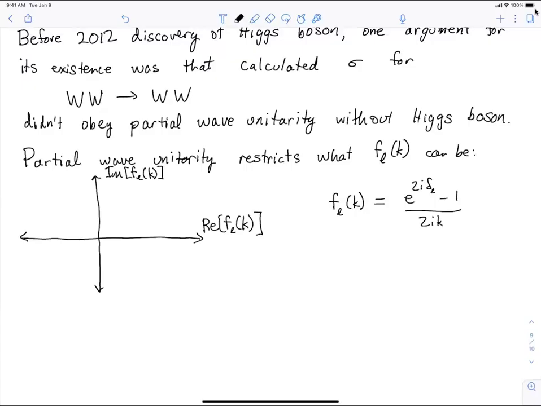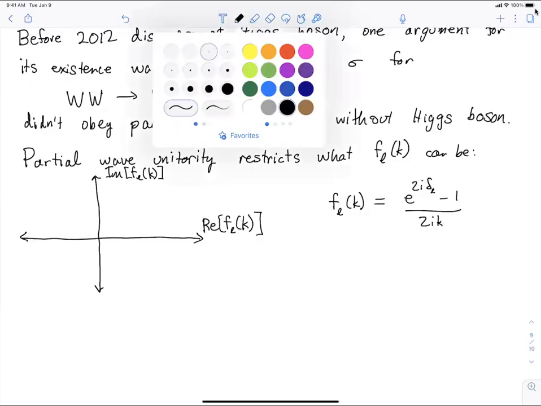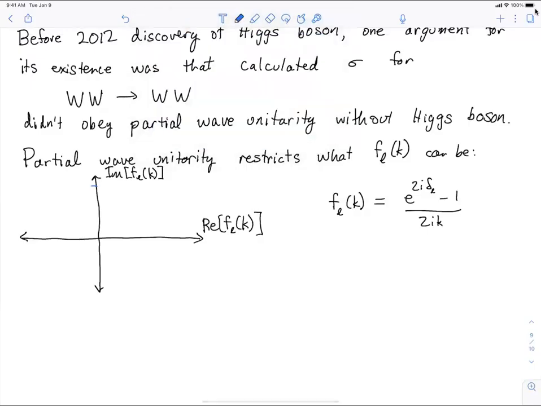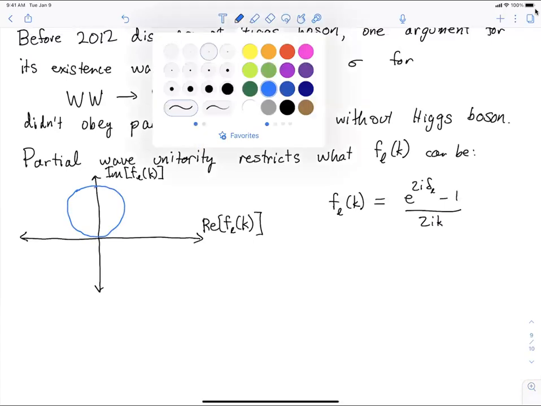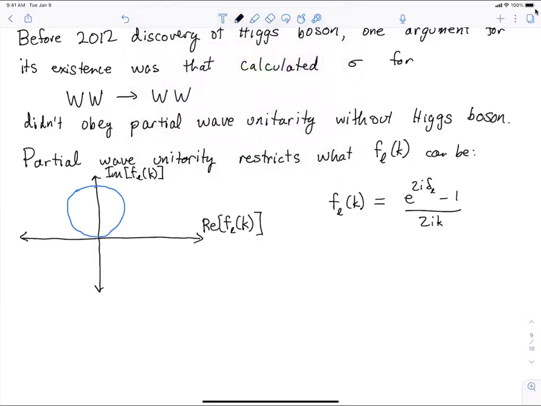And so when you work out where it can be, it's a circle, but not centered at the origin. It's a circle like that with radius 1 over 2k.